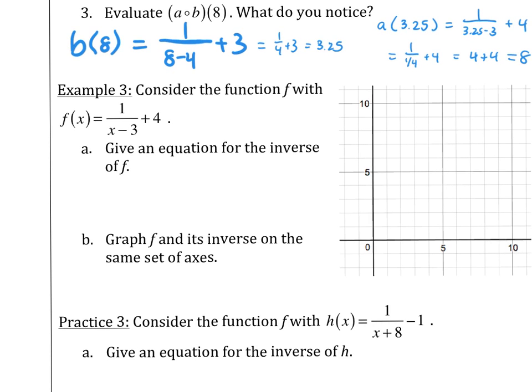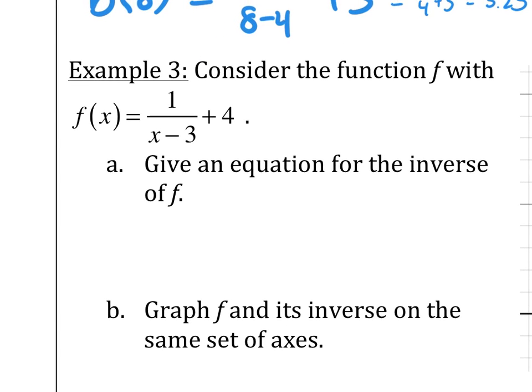So, as a reminder, this is how we can calculate without getting too crazy. If we just call this function y, all we have to do in order to get the inverse is to switch those two and then solve for y. So now I'm going to put x on the outside and 1 over y minus 3 plus 4.